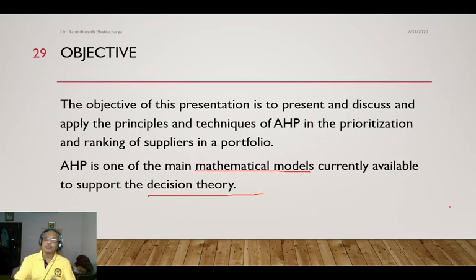It becomes extremely difficult to find out the ranking when you have different criteria and different sub-criteria. Under each criterion you might have 5 or 6 sub-criteria, and then it becomes very complicated. So don't worry, software is available, but you must understand the basic mathematics behind this.